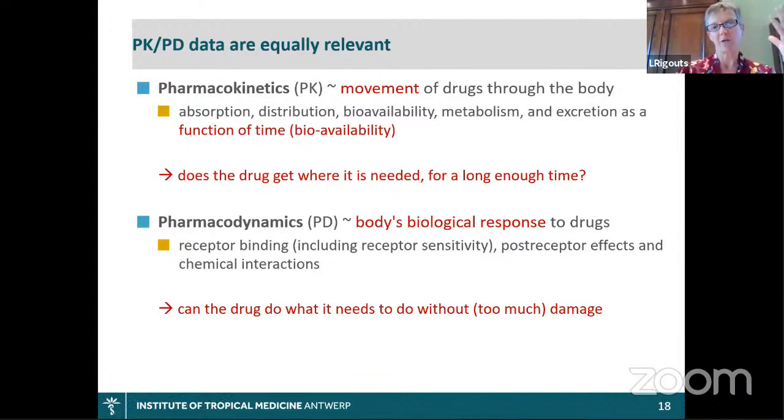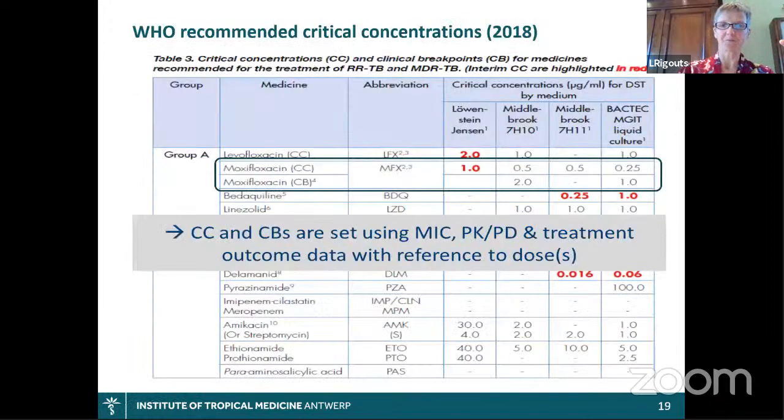Does the drug get where it is needed in the tissues and for a long enough time? While the pharmacodynamics is more related to the body's biological response to the drugs. Can the drug do what it needs to do? It is inactivating or killing the bacilli without doing too much damage. So both the PK and PD data should be taken into account as well.